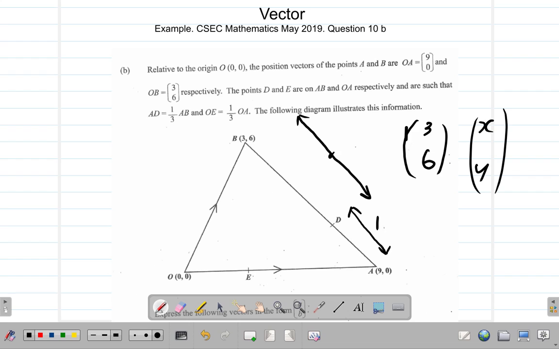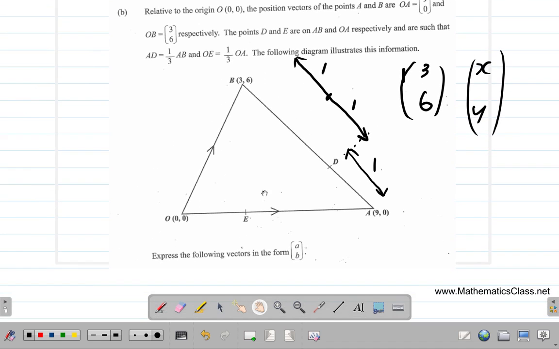So you have 1 here and 1 here, making 1, 2, 3. That is what this is saying. OE, from O to E, right here, is 1/3 of the distance from O to A. You see that?